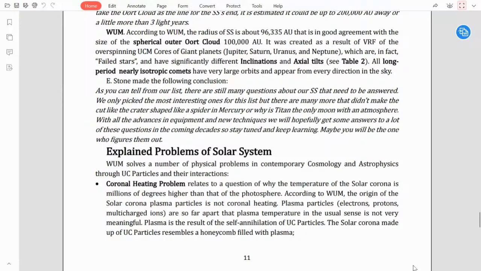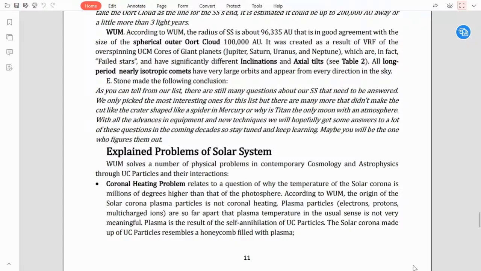It was created as a result of volcanic rotational fission of the overspinning UCM cores of giant planets Jupiter, Saturn, Uranus, and Neptune, which are in fact failed stars and have significantly different inclinations and axial tilts. All long-period nearly isotropic comets have very large orbits and appear from every direction in the sky.